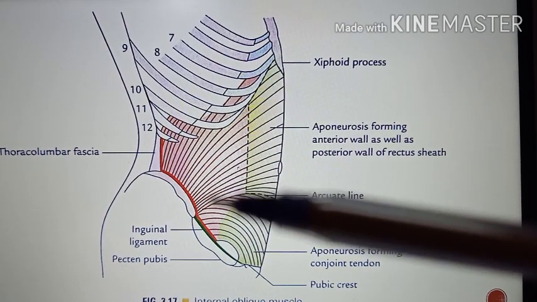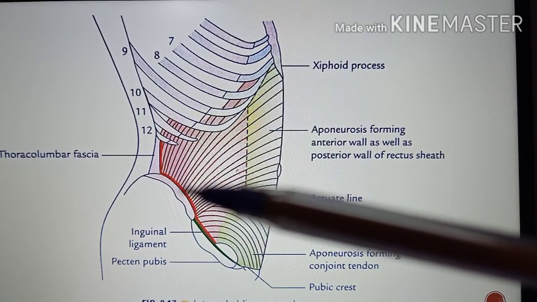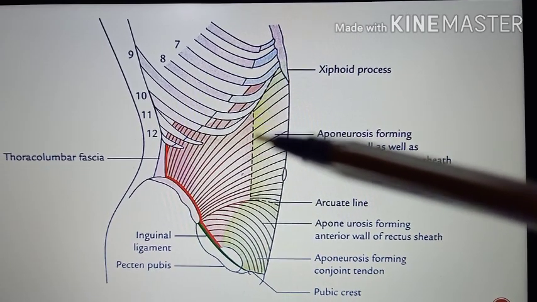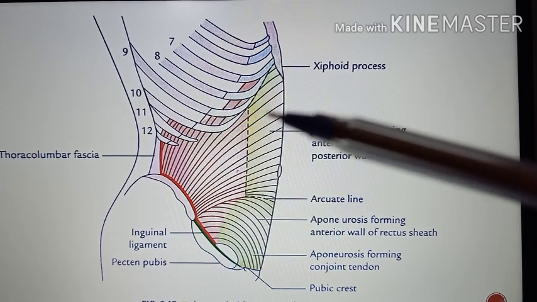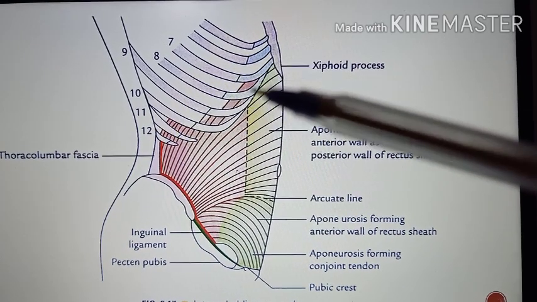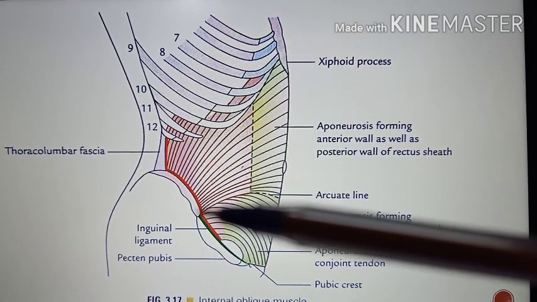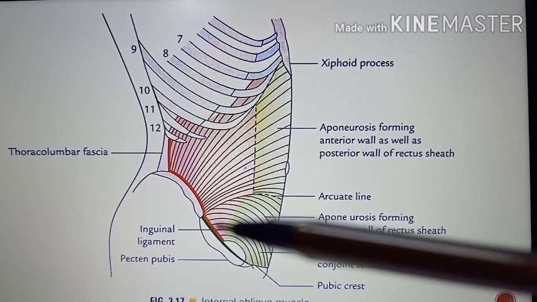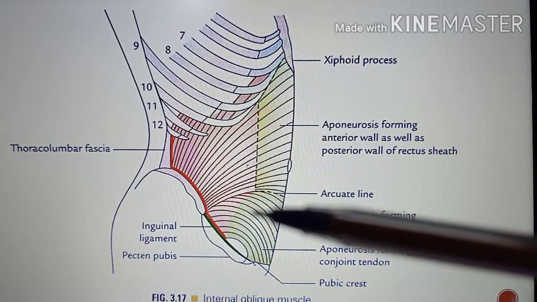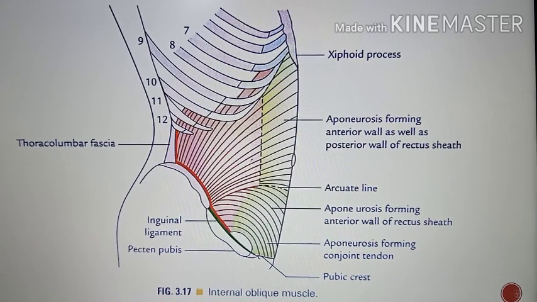Then the fleshy fibers taking origin from the iliac crest run upwards, forwards and medially and end in a broad aponeurosis which is inserted into the 7th, 8th as well as 9th costal cartilages. Then the fibers which take origin from the inguinal ligament arch over the inguinal canal and get inserted into the pubic crest as well as the pecten pubis.